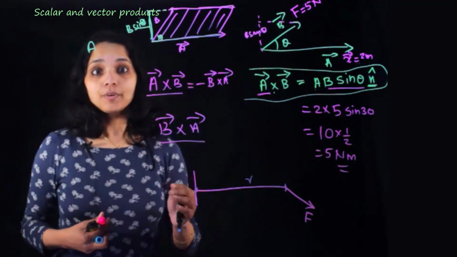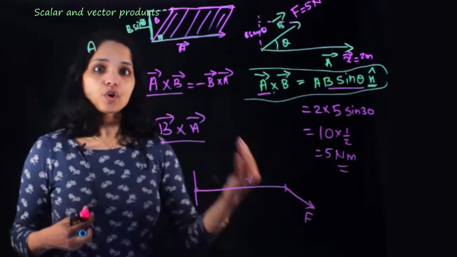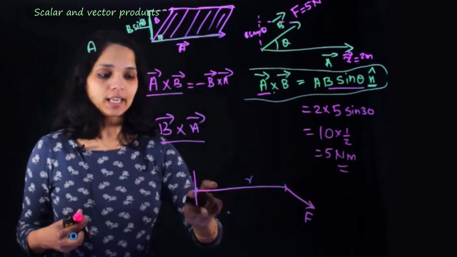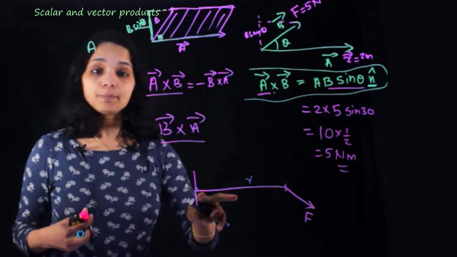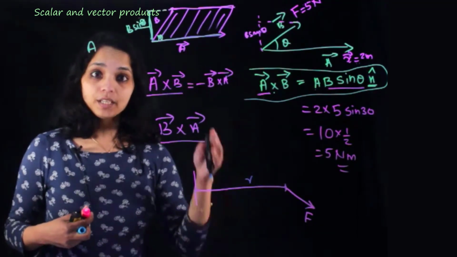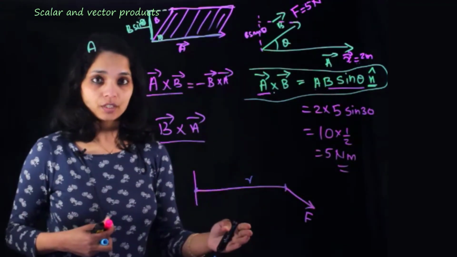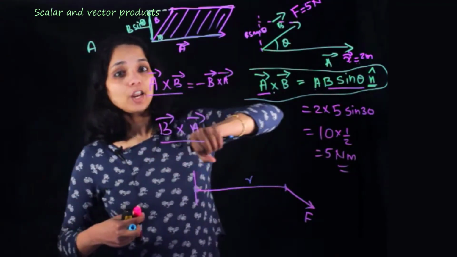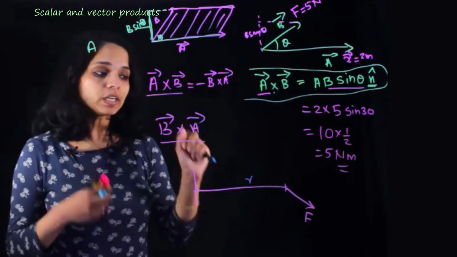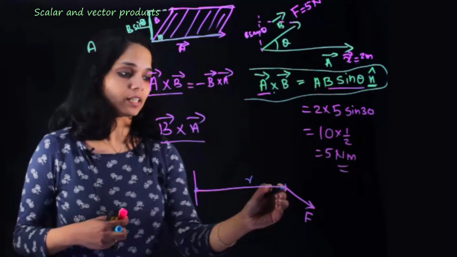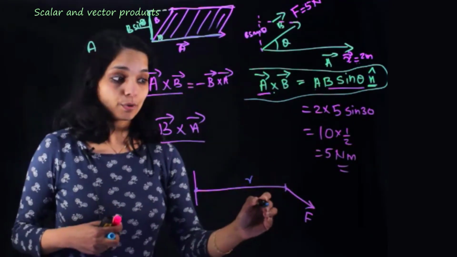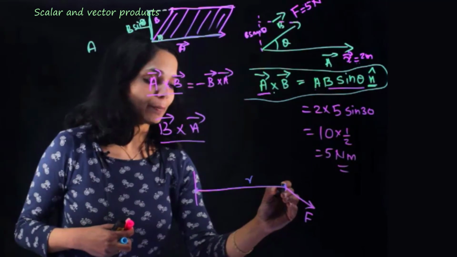If you're familiar with the rotation stuff, you know that the force which is perpendicular to this moment arm or the lever arm is what brings rotation. So how hard you pull along the door, parallel to the door, it won't rotate the door. Only the force component which is perpendicular to this one is important. So how do we find the perpendicular component?